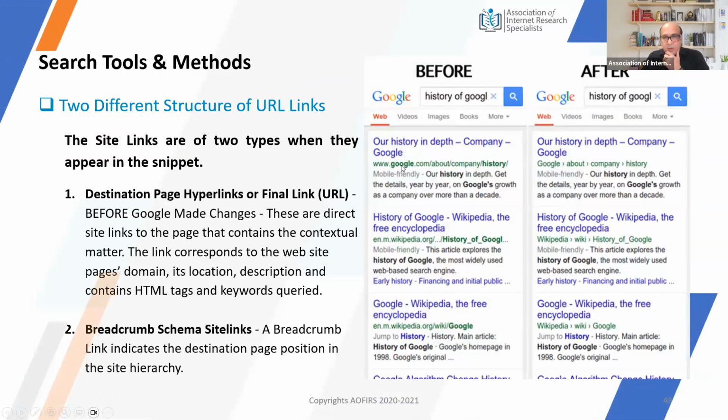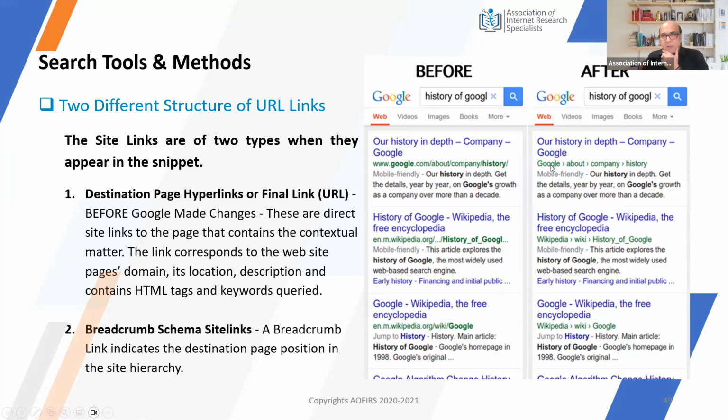See, what used to be very long URLs with alphanumerics and everything included, prior to what is now called breadcrumbs, you can see the comparison. What this first URL is showing is not even complete; it doesn't have a lot of space to accommodate the entire link in the snippet format.